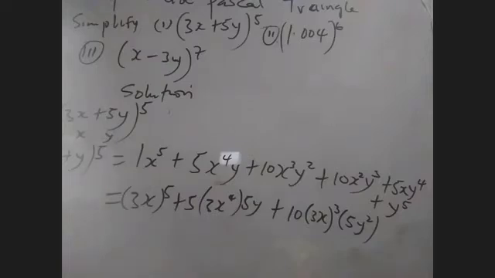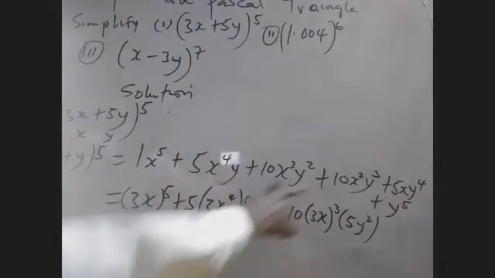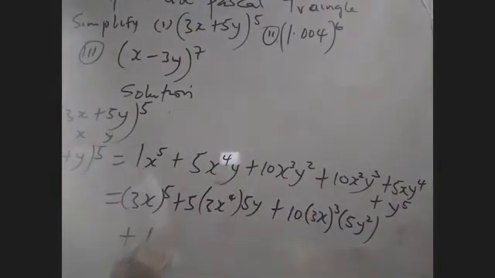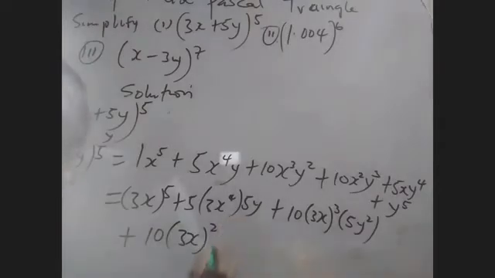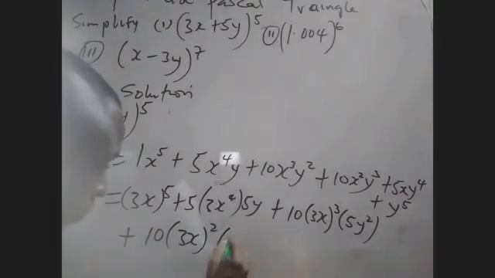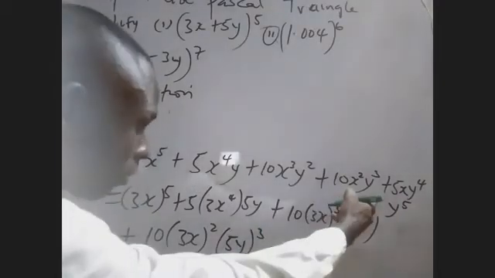So if we simplify that further, the next one will now be plus 10 into bracket (3s) raised to the power of 2 bracket (5y) raised to the power of 3.